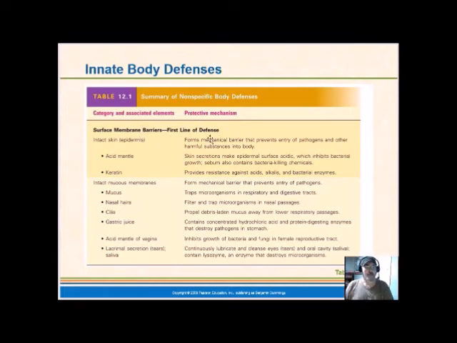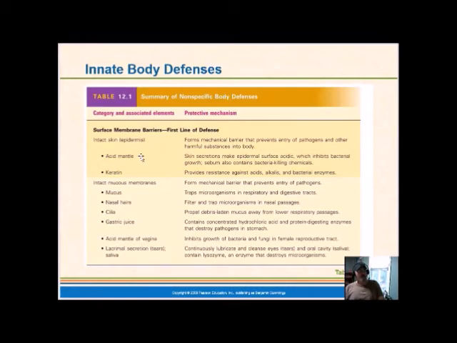First, intact skin, which forms a barrier and prevents pathogens and other substances from entering the body. When we sweat, we actually create an acidic environment on the surface of our skin. Now, the body pH is 7.35 to 7.45, so it's basic, just slightly basic.